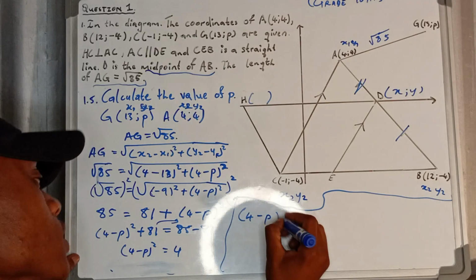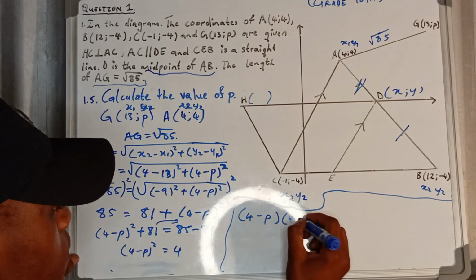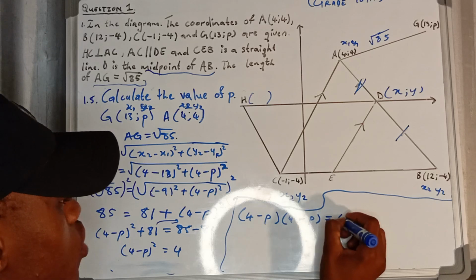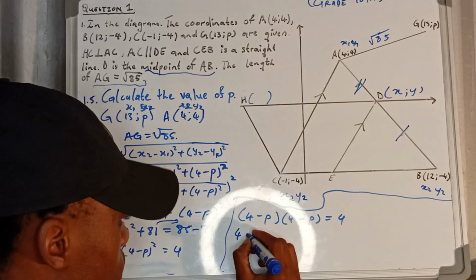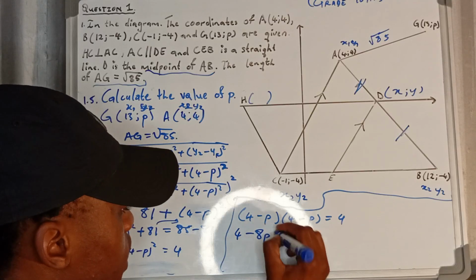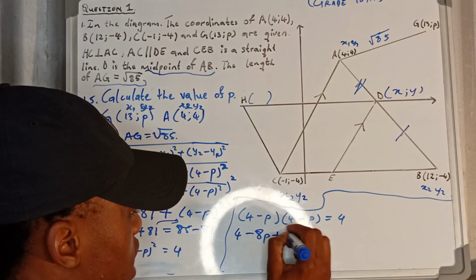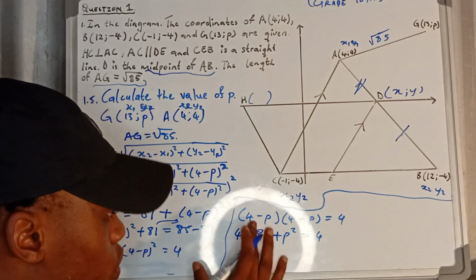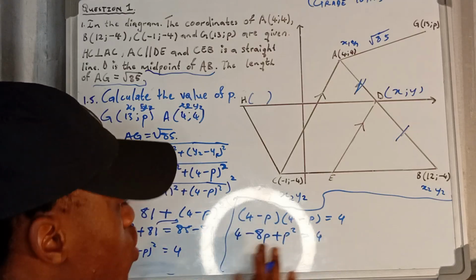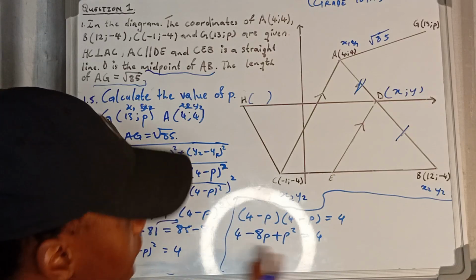You don't change the signs, equals 4. Then 4 multiplied by 4, you are going to be left with 4 minus 8p plus p squared equals 4. When you simplify this, you will get your final answer.